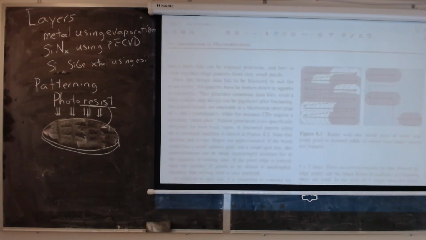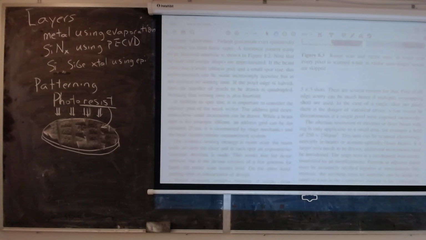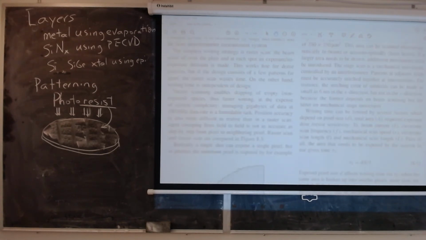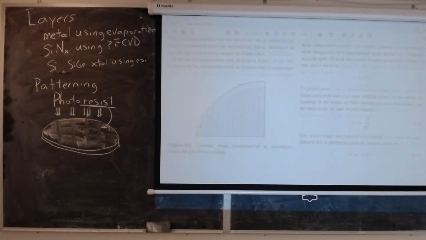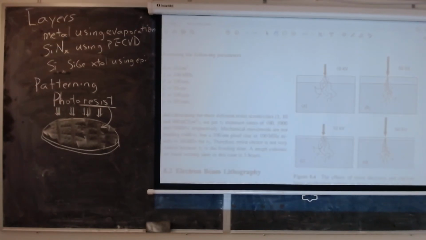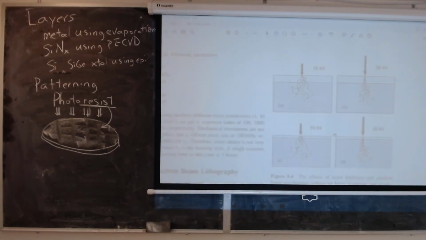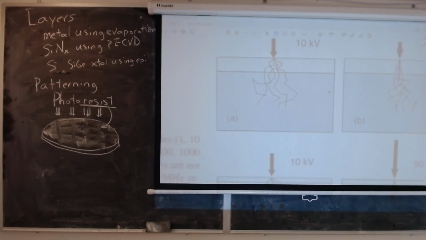Now, specifically here, we wanted to go through electron beam lithography. And in electron beam lithography, you are placing a beam. So in this picture here, let me see if I can blow it up a little bit more.